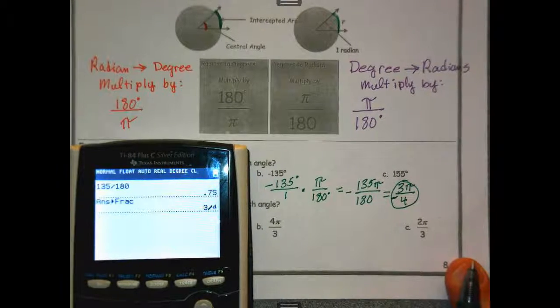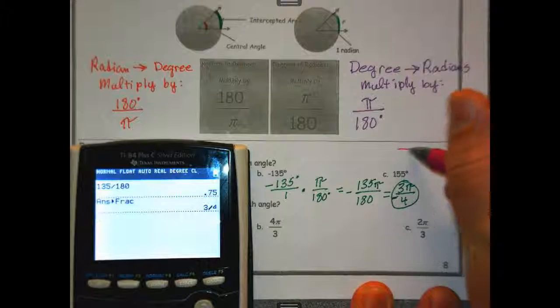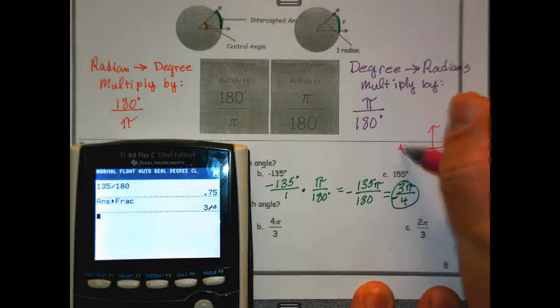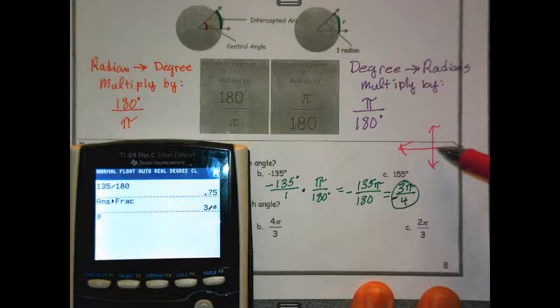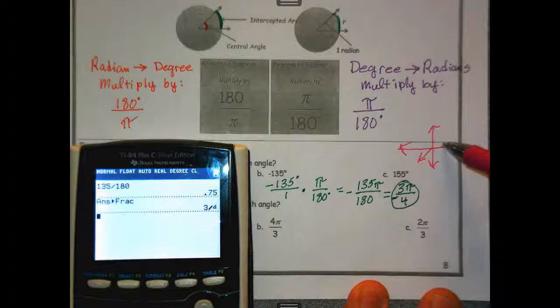Because I skipped that section. If I'm on a graph and I want this angle measurement, I could go this way, but if I look at it this way, this is going to be a negative.